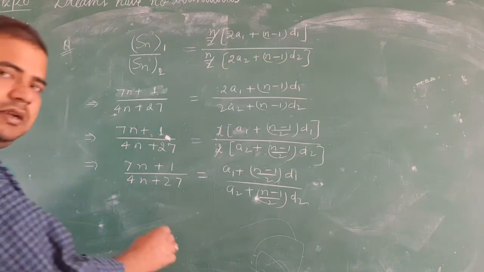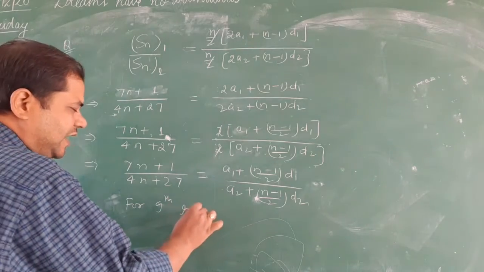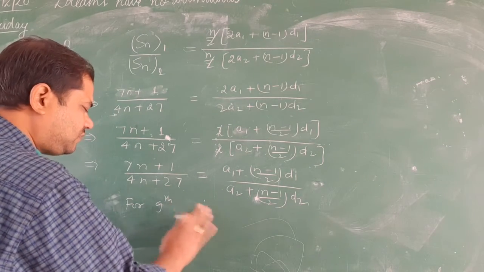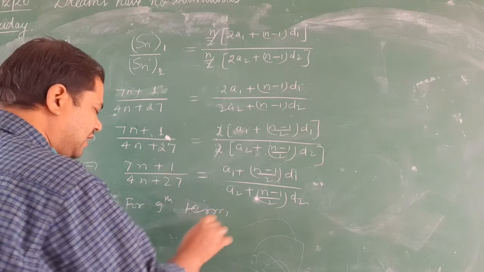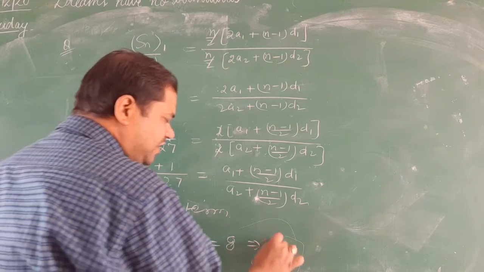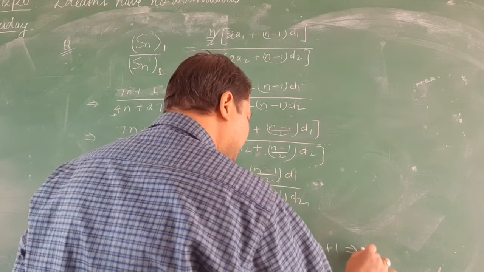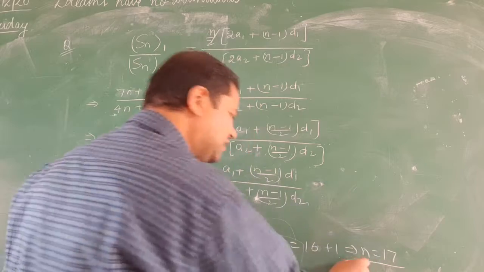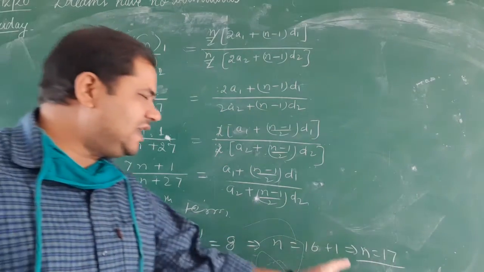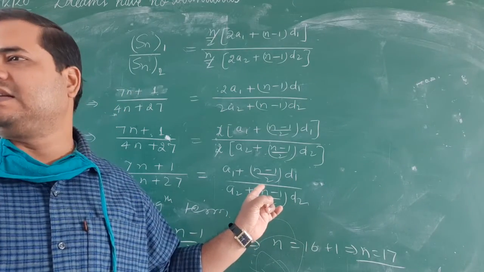So for the ratio of the ninth term, (n minus 1) by 2 is 8, and this becomes n equal to 16 plus 1, so n is equal to 17. So for n equal to 17, this becomes the ninth term.